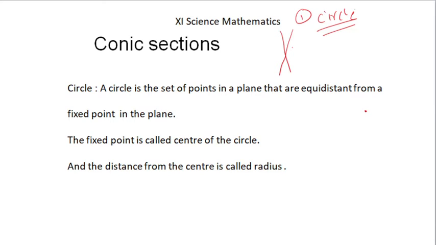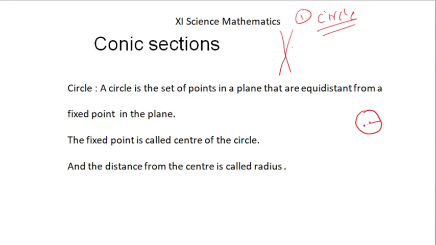The circle is nothing but a set of points. These are the set of points, at a fixed distance from a fixed point. This figure is your circle.